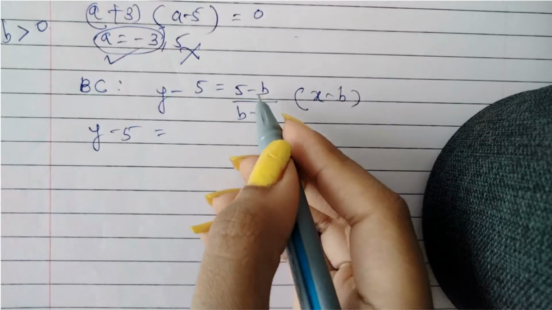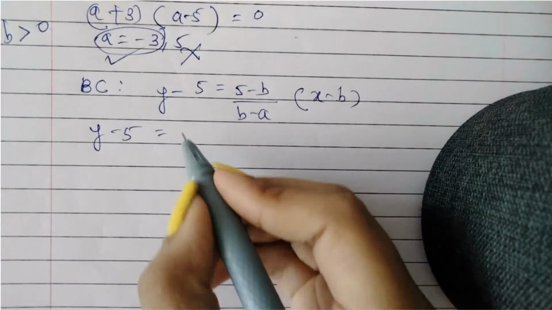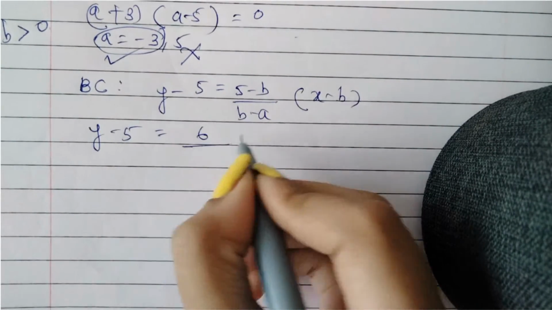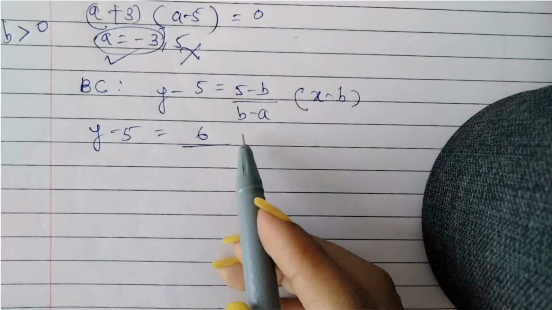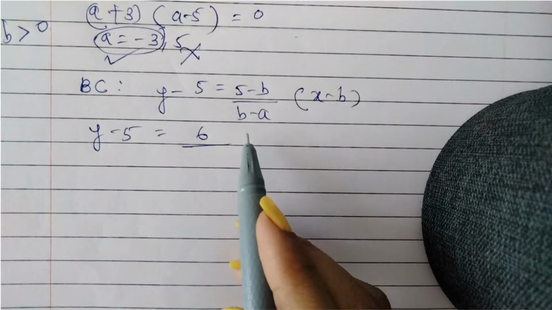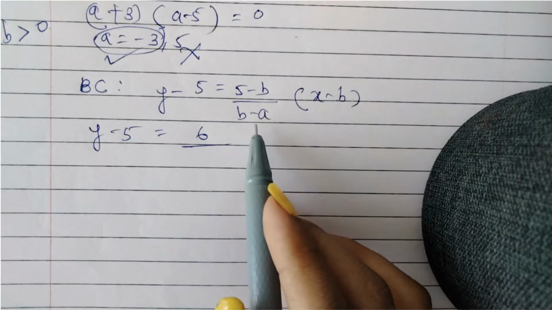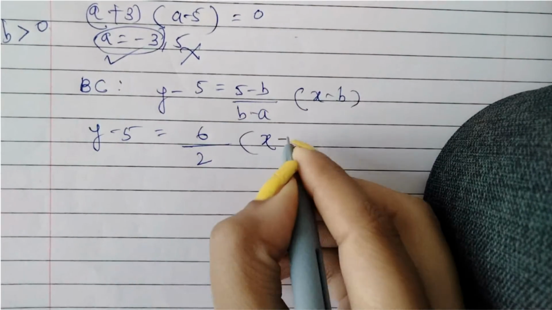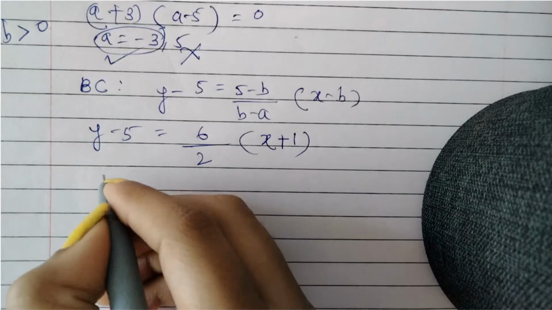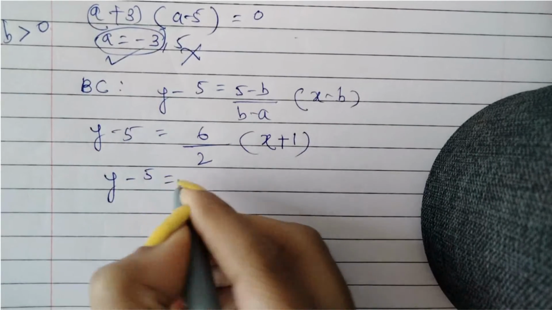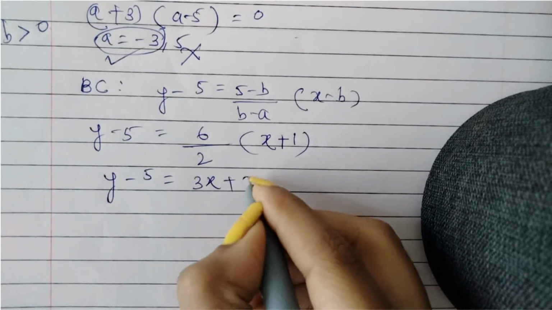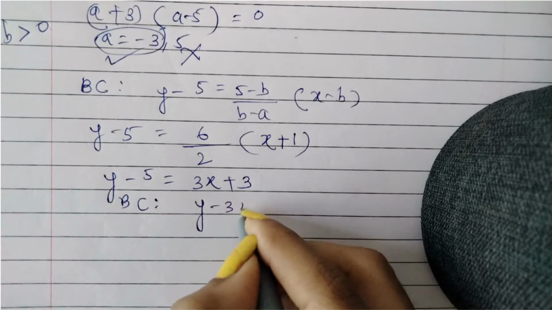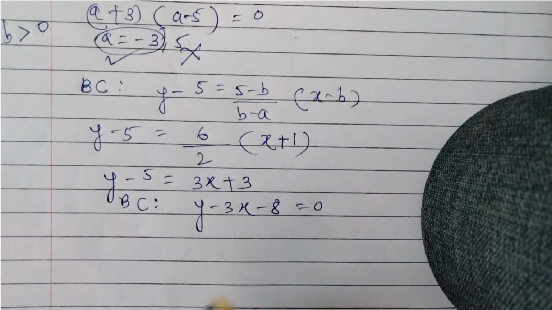Substituting the value of b, which is −1: 5 − (−1) is 6, and we can also substitute the value of a here, −1 + 3 is 2, into (x + 1), which will give you y − 5 = 3x + 3. So the equation of line BC is y − 3x − 8 = 0.